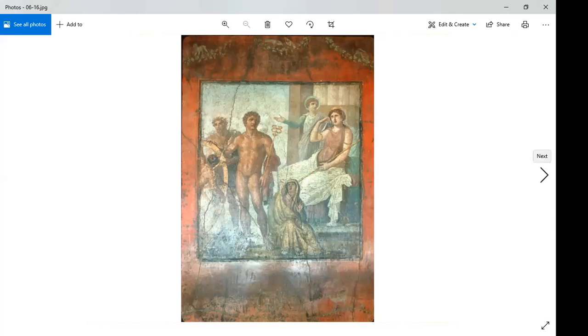And she's either shocked to see him or she's shocked at his nudity. We're not sure which. Anyway, this is a typical example, again, of the skill of Roman fresco painters and the details on the musculature, the anatomically correct features on his physique, especially, and the clothing, everything.